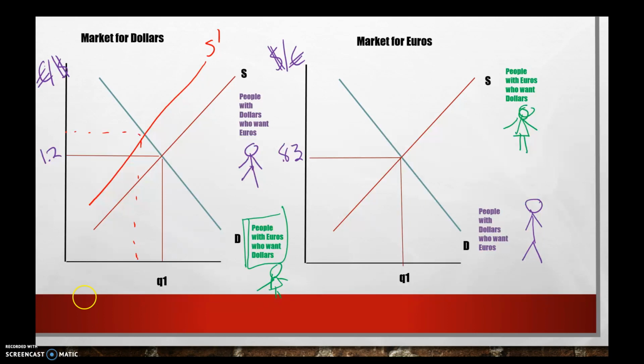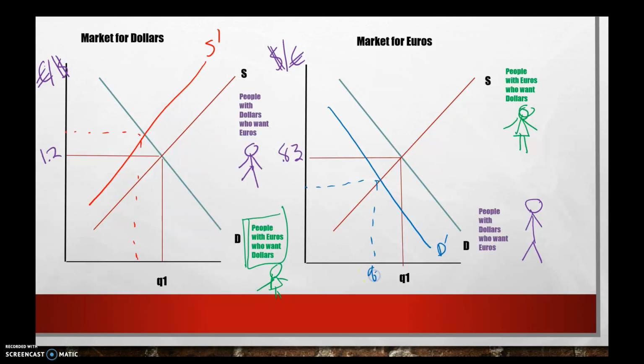In the market for euros, the people with dollars who want euros, the men, are actually, remember, the demand. So in this market, it's going to be the demand that shifts to the left. So we have the opposite curve shifting in the same direction. Supply shifts left here, demand shifts left here.